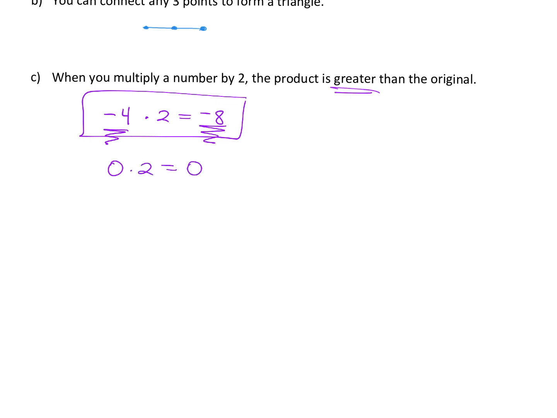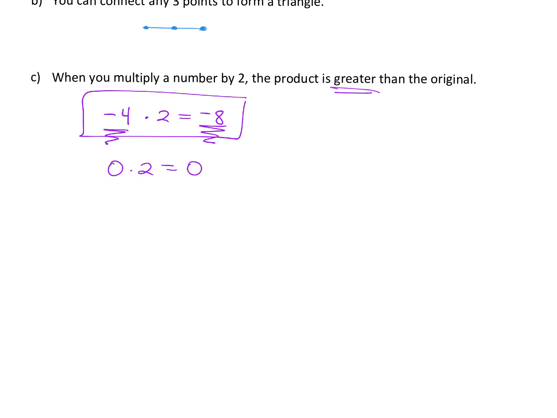There's another one. Reynard, what? 0.9. Yeah, a fraction, right? If we do a fraction and we multiply it by 2, it gets smaller. So fractions, negatives, 0, any of those would be good counterexamples. Julia. 1, because if you multiply 1 by 2, it's 2, but that's not greater, it's equal.